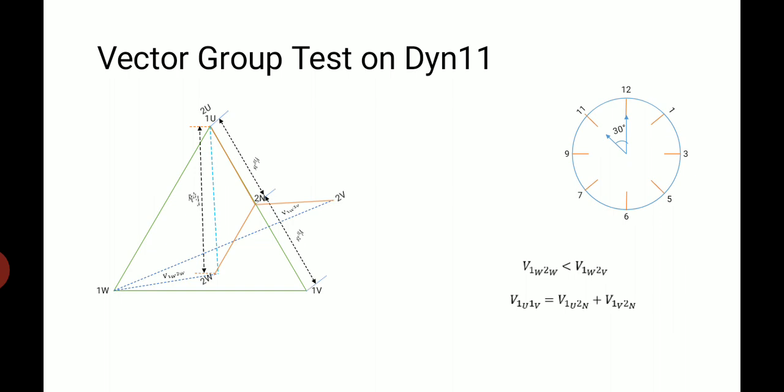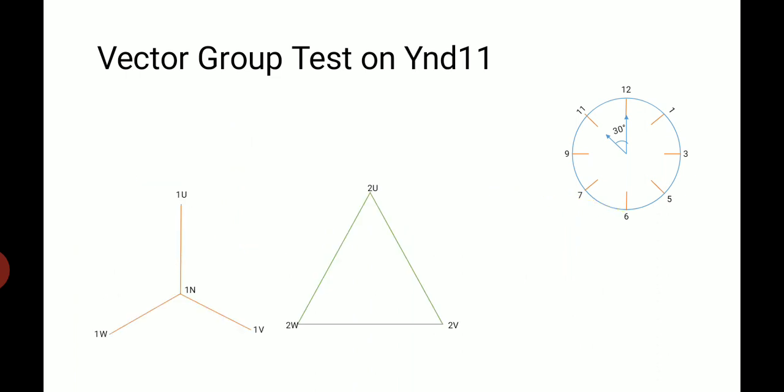The other voltages are measured across 1U terminal of primary with respect to 2W terminal of secondary and 1U terminal of primary and 2V terminal of secondary. Both voltages are the same. So once we achieve this relationship, the available vector group is DY11.